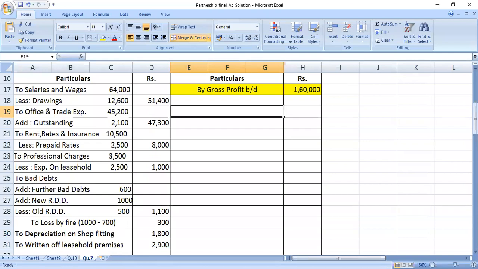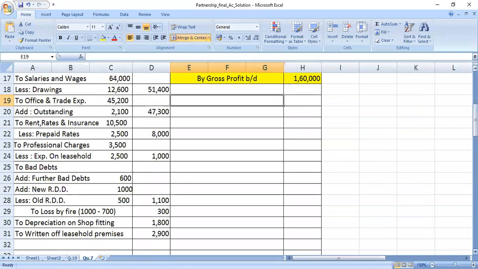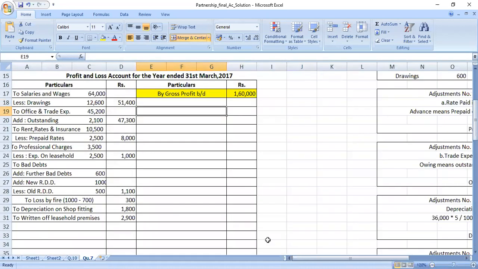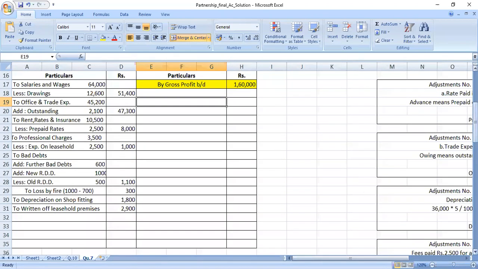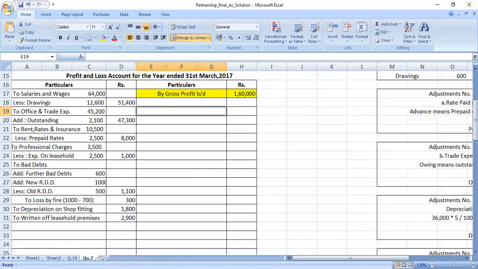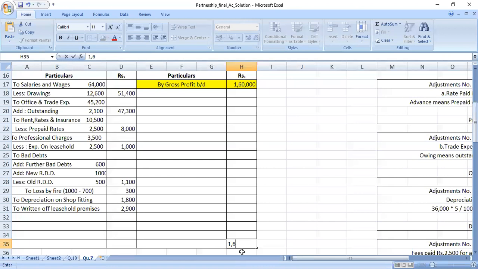Find out the total of the profit and loss account. The credit side total is 1,60,000.